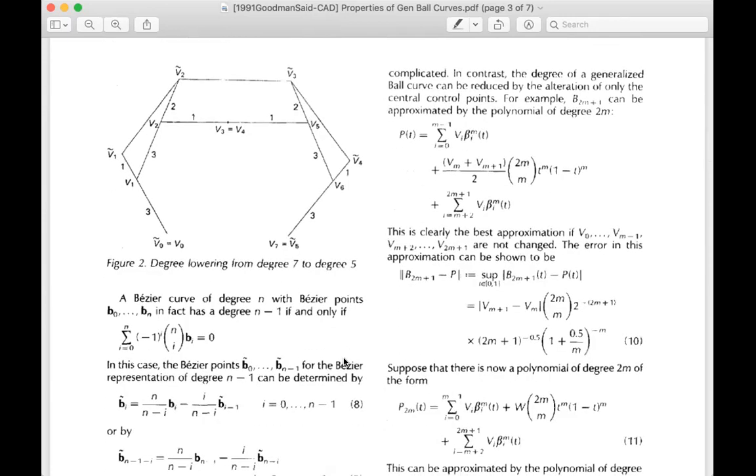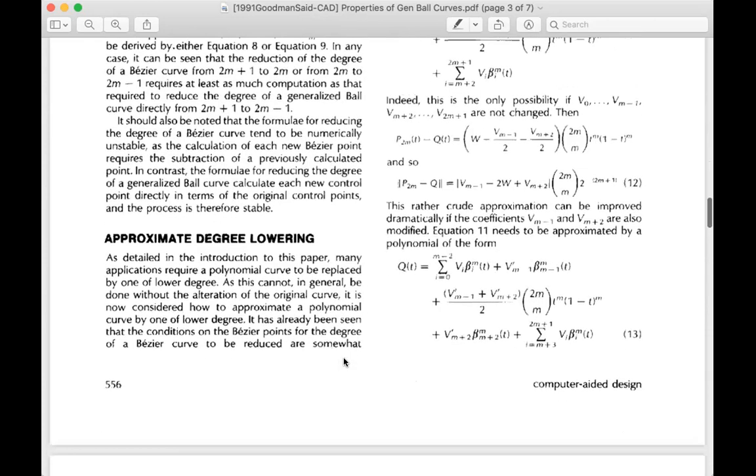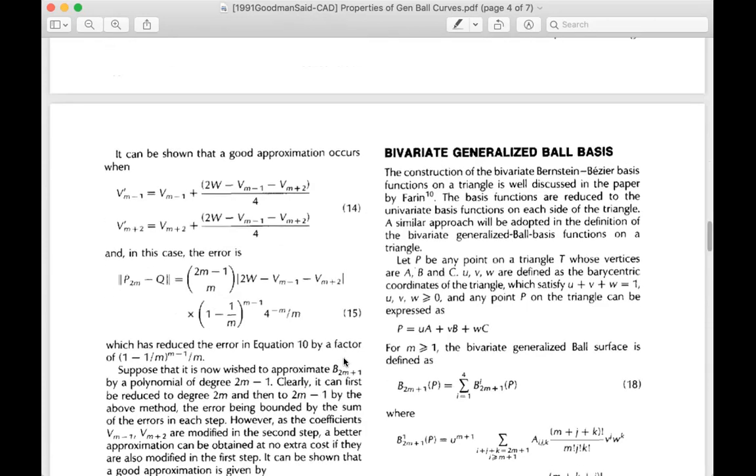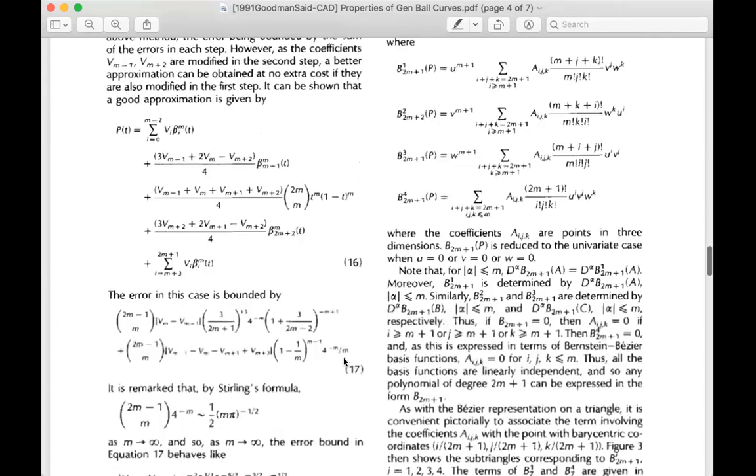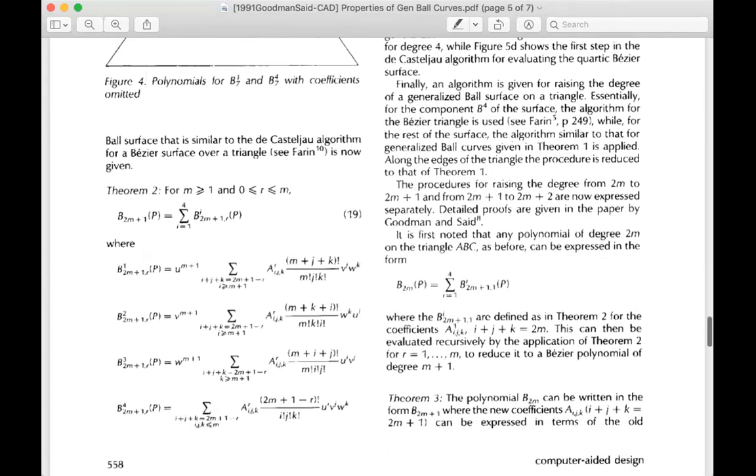We can also use a formula like this. If we have a simpler algorithm to do the degree elevation of any curve, that would be very good. Okay, this is all for this paper.